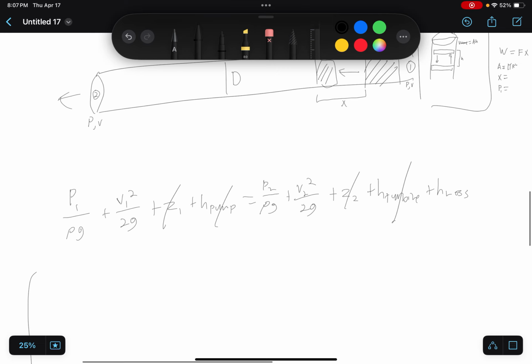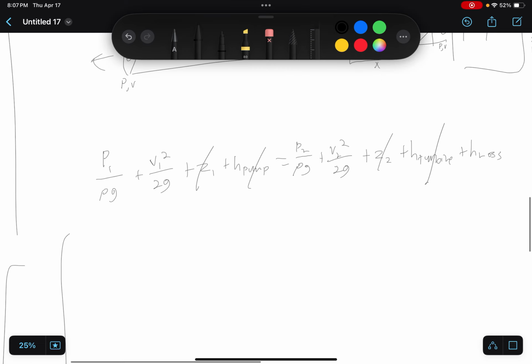So you're left with, what are you left with? I'm going to rewrite it to group some terms. All right, cool. So all I did was move this stuff over to the left. And that was it.